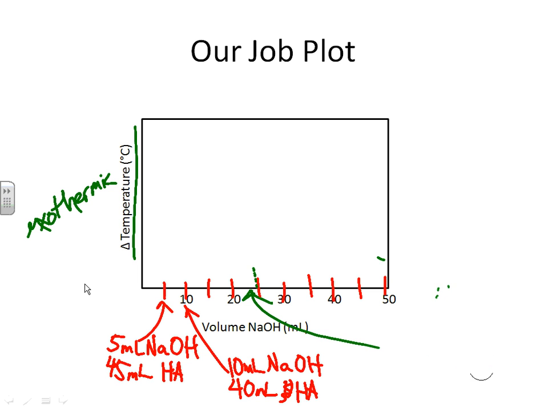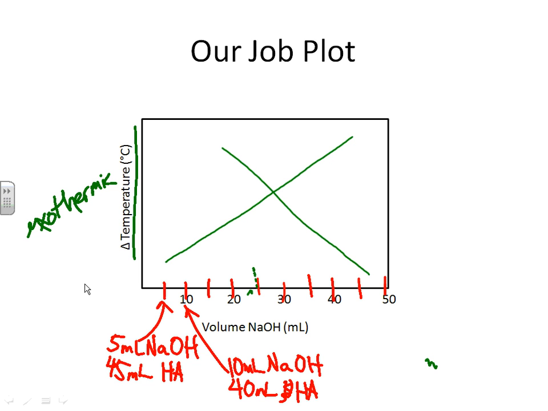It might also happen that your job plot could look something maybe like this. Have a line that goes up, and then maybe a line that looks like about there.